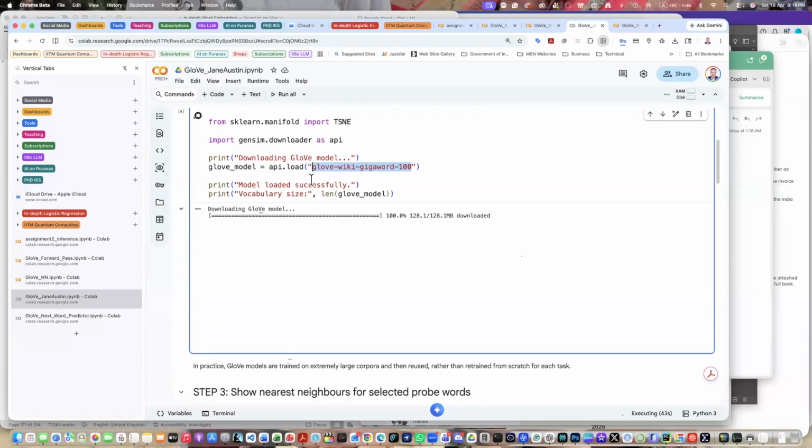Okay, so let's check the data first. Takes a little while because it's very huge. It will take some time.